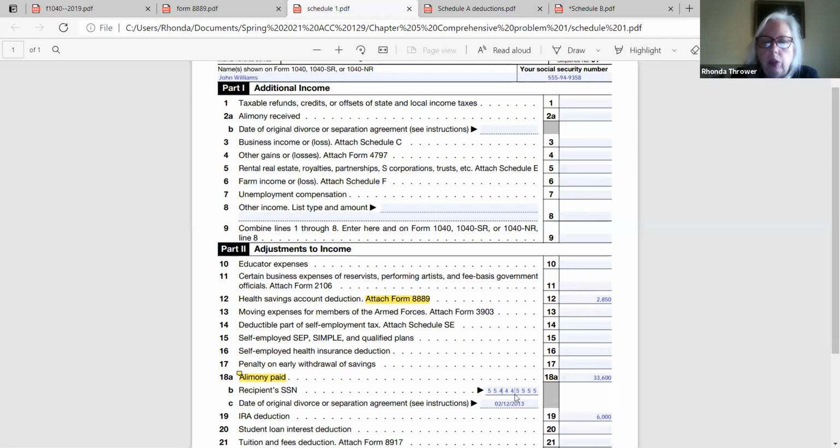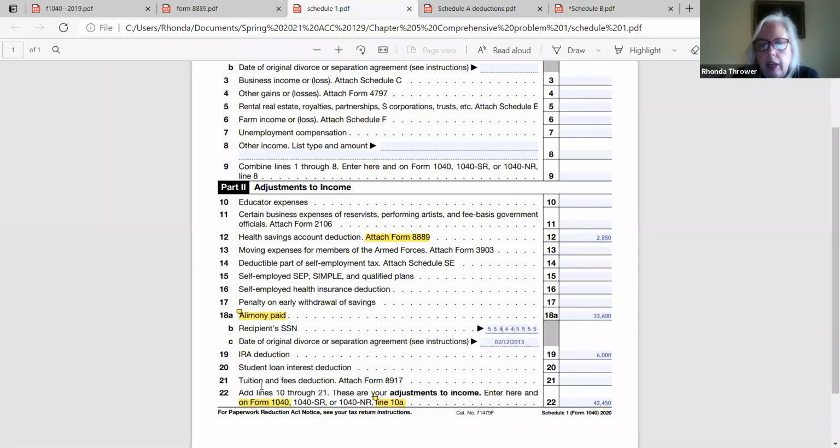You also have to put down the person who is receiving the alimony's Social Security number, which was given in the problem, and also the divorce date, which was also given in the problem. This person also had an IRA deduction, and the deduction amount was $6,000, and that was also given in your instructions.